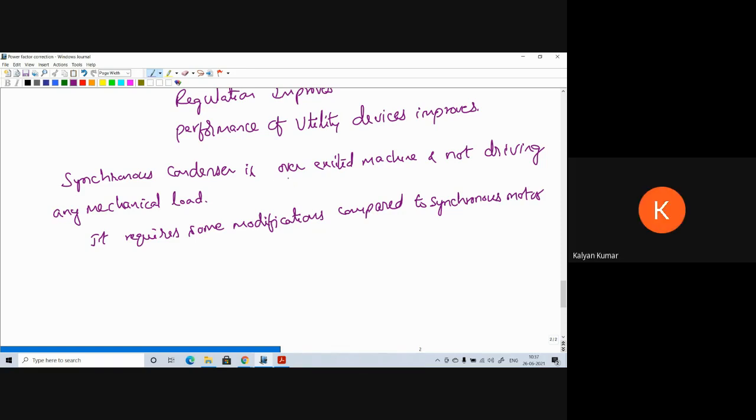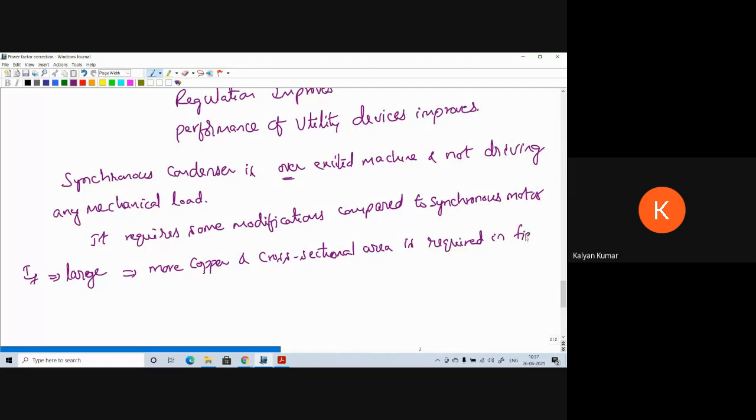Over excitation means we need to provide large field current or small field current? Large field current, sir. So as the field current needs to be large, more copper is required in the field, with more cross-sectional area.